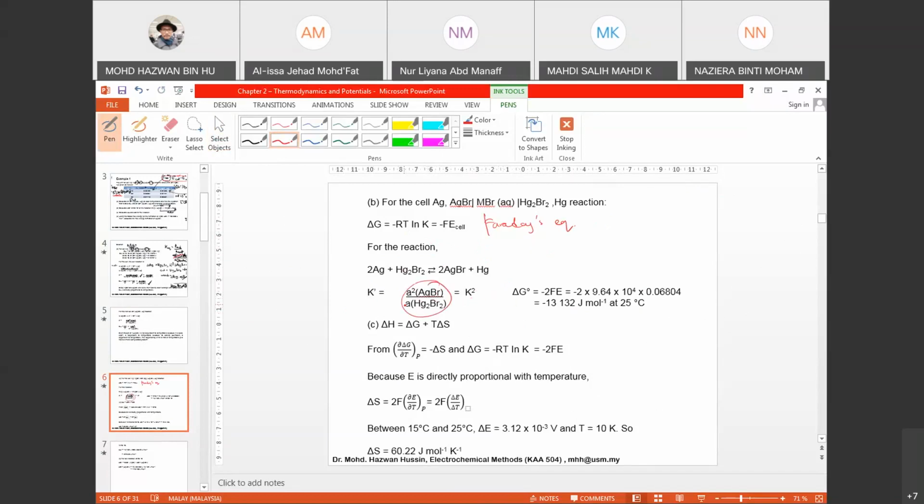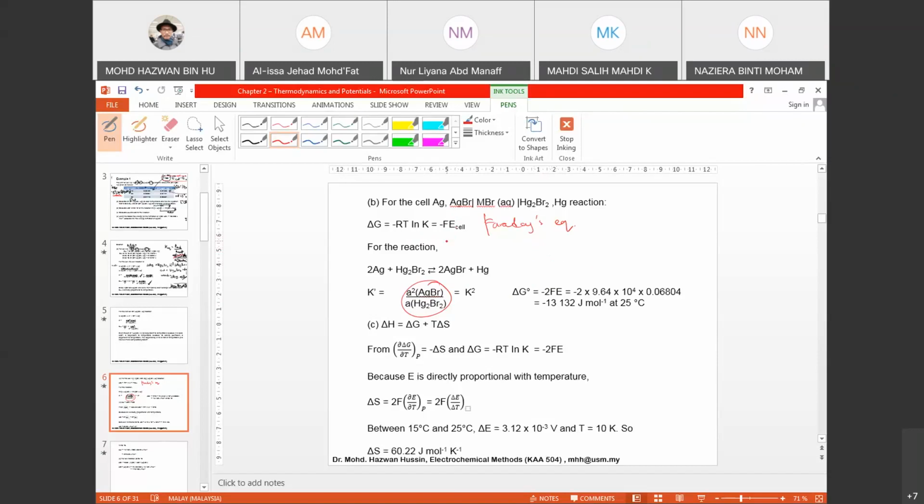The K value can be assumed as equal to K2. When you want to calculate the delta G, the value can be calculated as follows. It is equal to negative RT ln K, and when you rearrange it, this one is basically equal to negative NFE, because N is actually equal to 1.